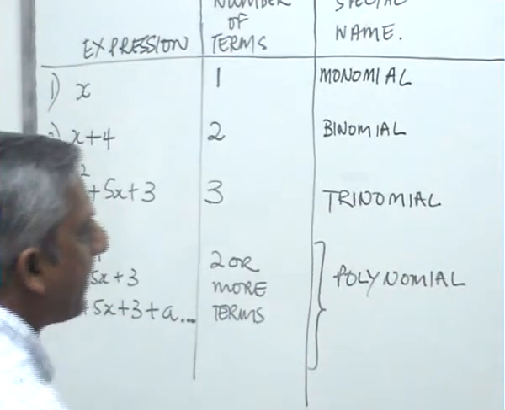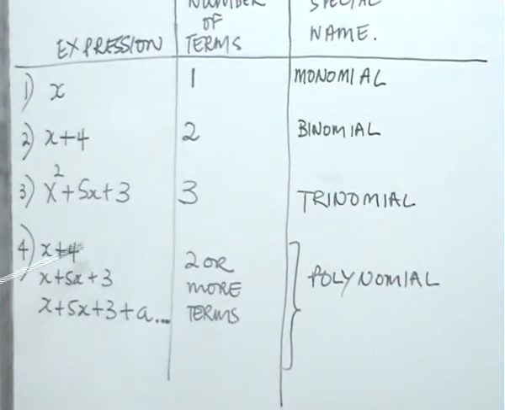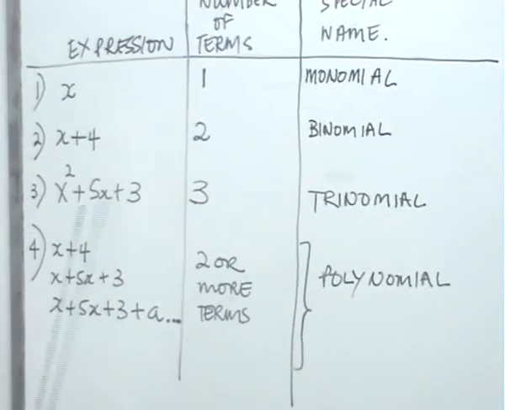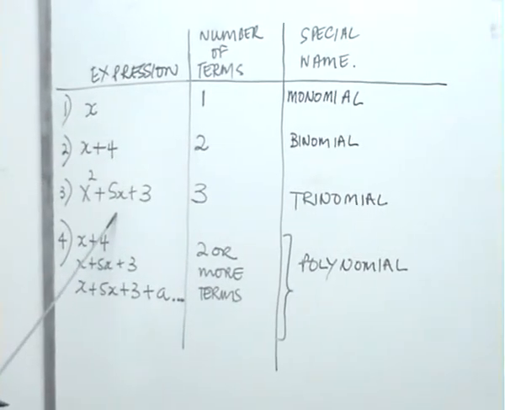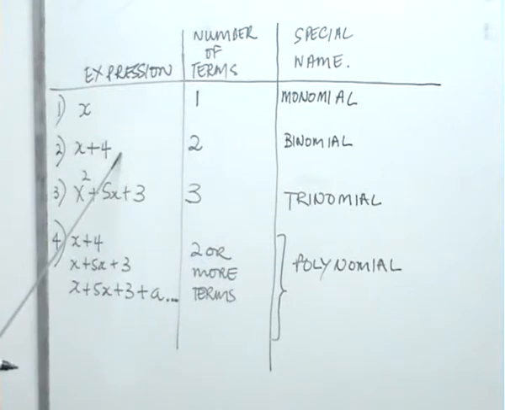Poly means many, right? So if you've got expressions with 2 or 3 or 4 or more, as long as it's 2 or more terms, you can call it a polynomial. But a special name for 3 terms is trinomial, 2 terms binomial, 1 term monomial. 2 or more terms together is called a polynomial.